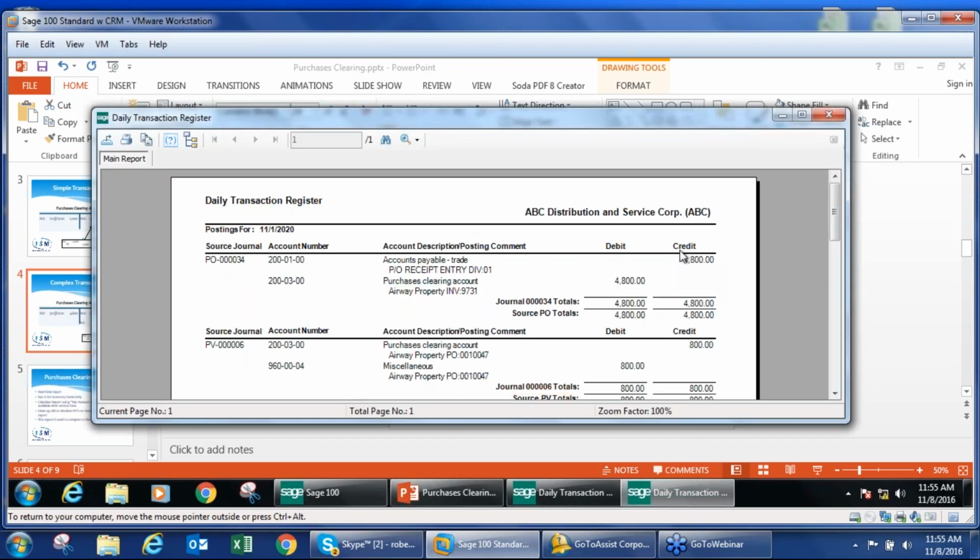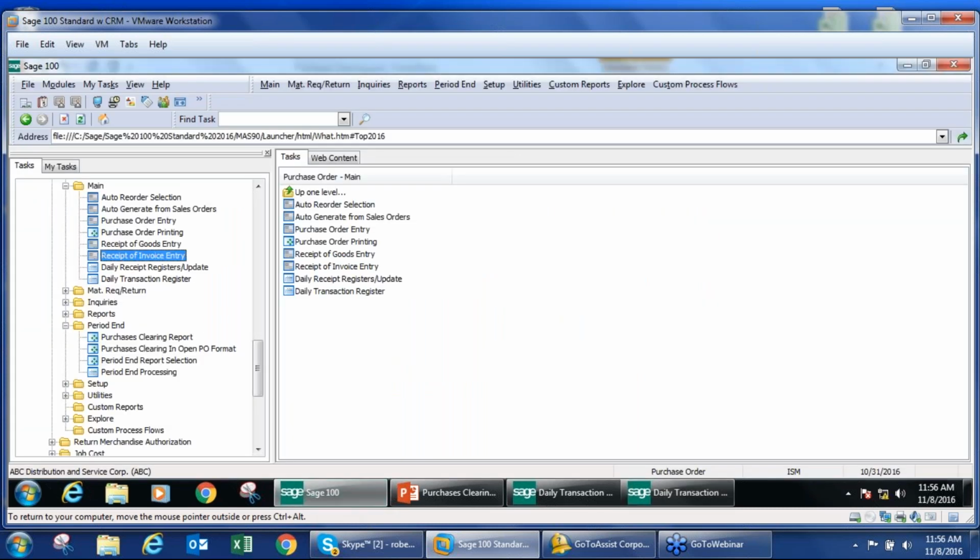Now, if we go back to our daily transaction register, we have the 40 units at $120. So we actually have a debit to purchases clearing for $4,800, a credit to AP because that's what our invoice was for. And then we have a subsequent posting of $800 to a variance account, the variance account being 960-00-04.